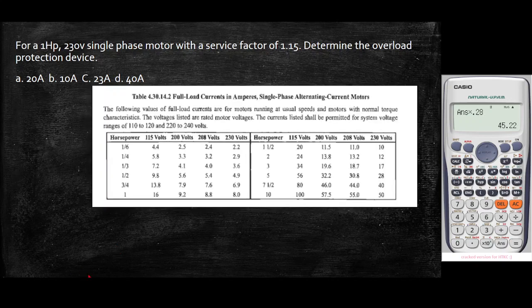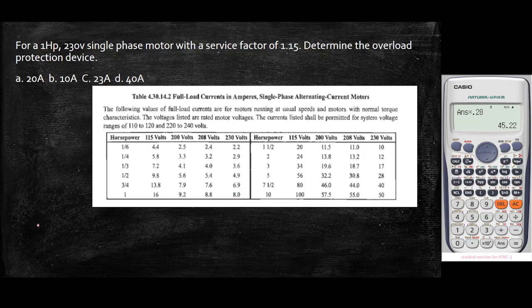Okay, yan. So we have a single phase motor, service factor 1.15, tapos 230 volts. Hanapin natin yung setting ng overload protection. So we have 1 horsepower. So dapat ito 1 horsepower, 230 volts. So ito yung kanyang full load current, 8.0.